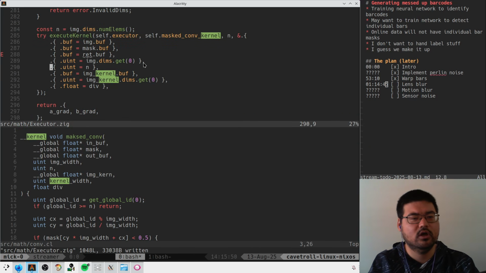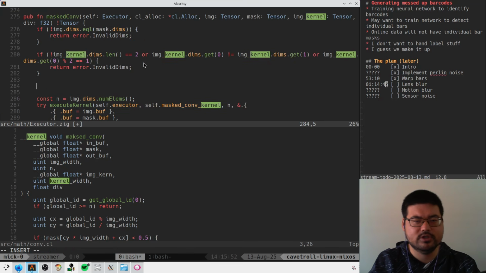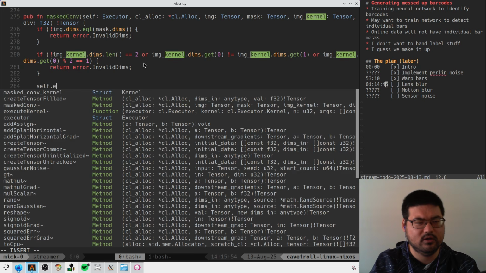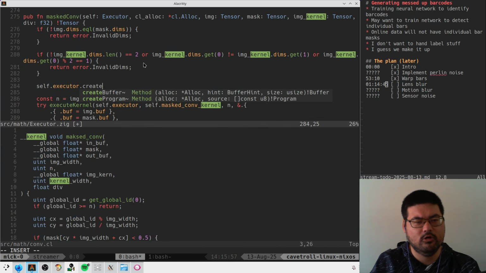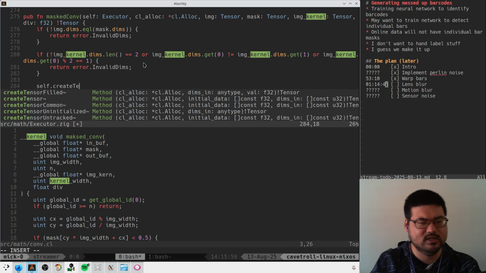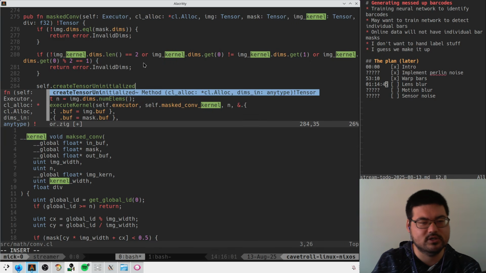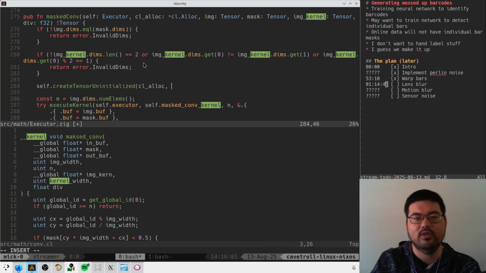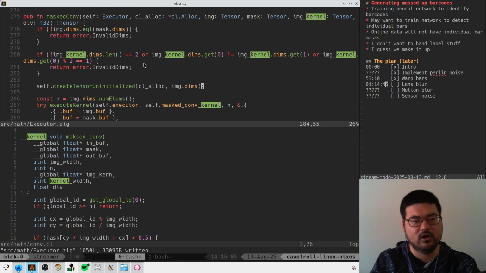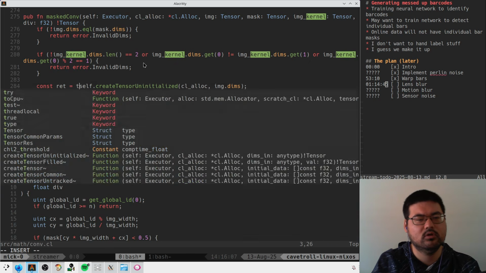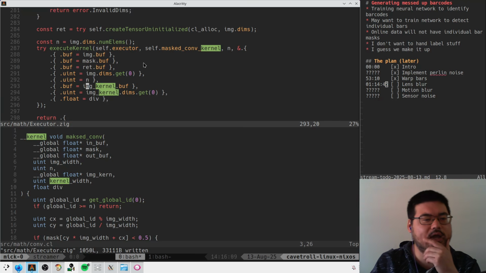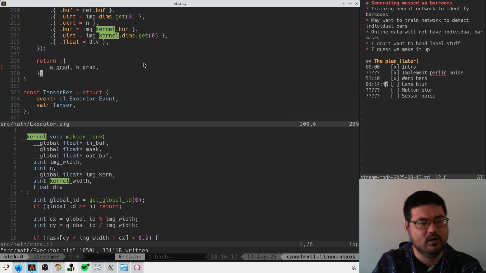Okay, we need our output, so we need to create it. We have self create tensor uninitialized, so we do that with image dims. Copy that. Okay, and then I guess we just return ret here.